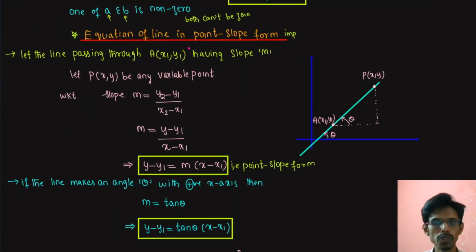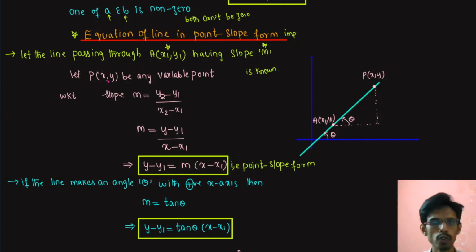So then we use this equation. Now let the line be passing through A of x1 comma y1 and having slope m. So this point and this slope are known to us. These two are known quantities for us.